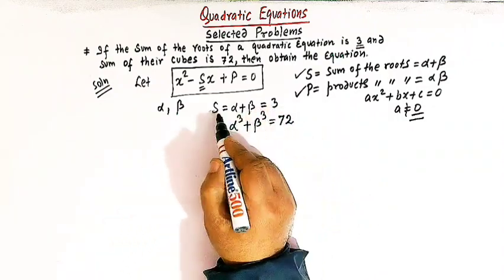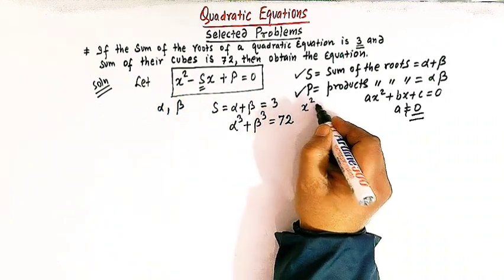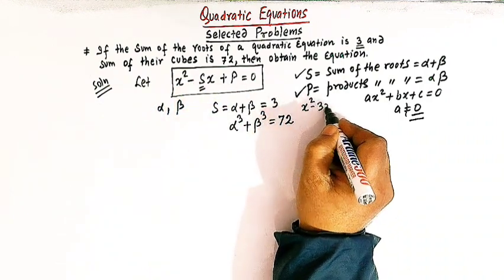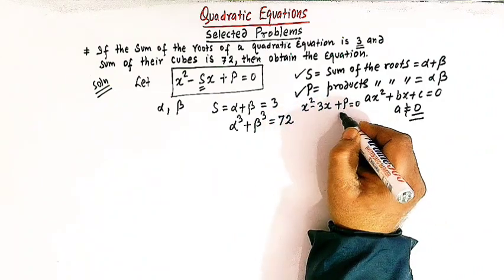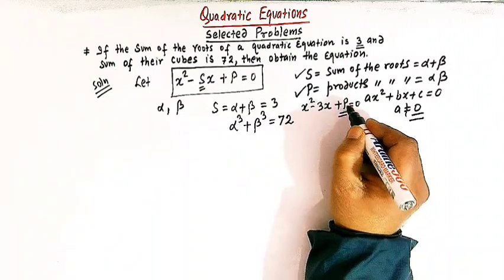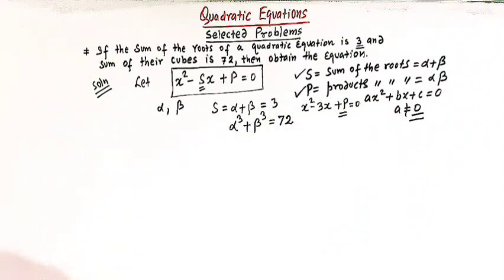If we now take s = 3, then the equation is x² - 3x + p = 0. So now we have to find the value of p, which is our product of roots.